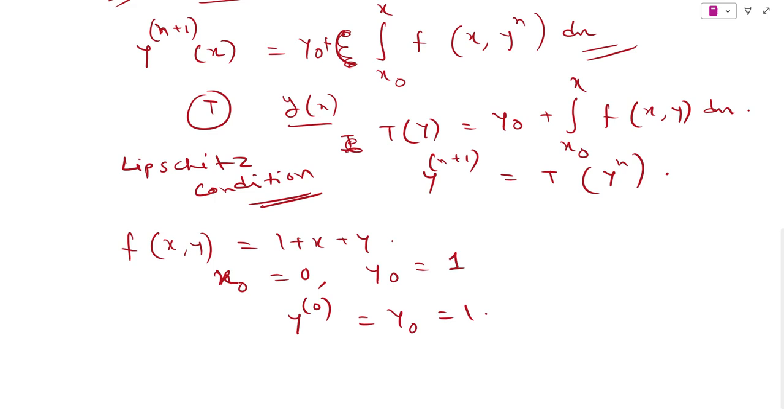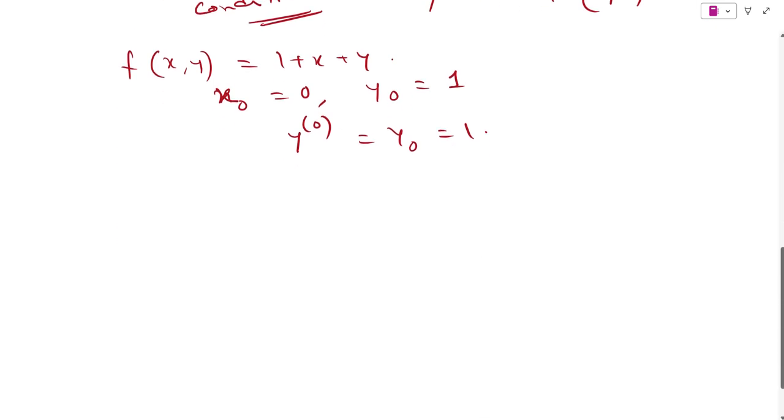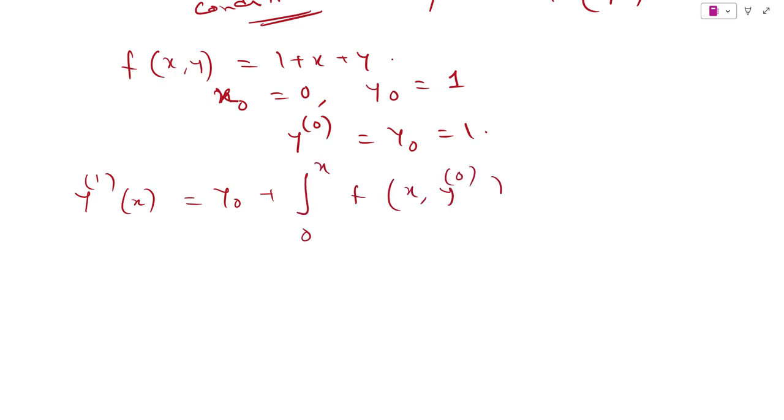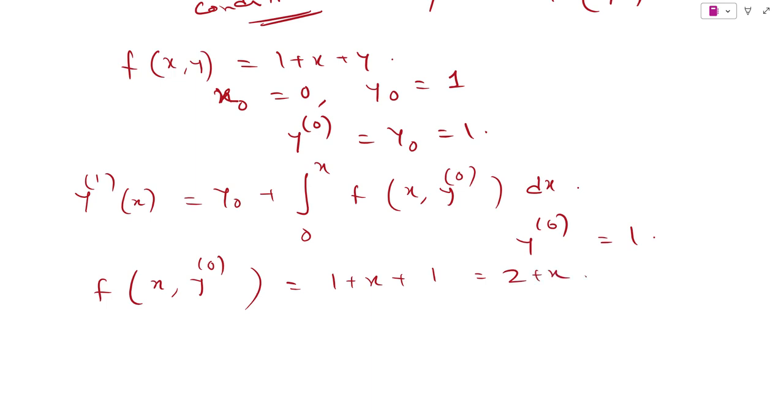Let's compute the first iterate using our recurrence formula with n = 0. Substitute y0 = 1 into f(x, y), and then substitute this back into our integral.